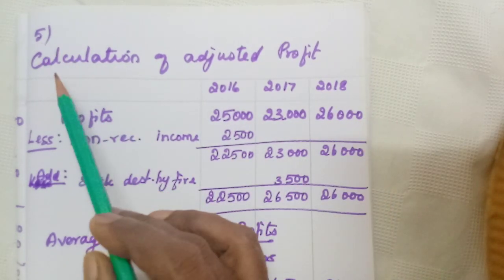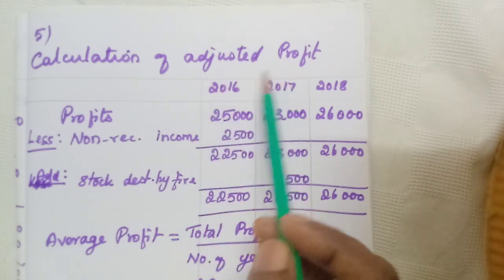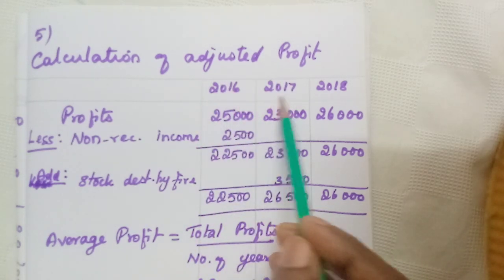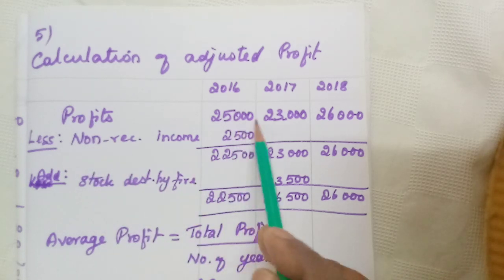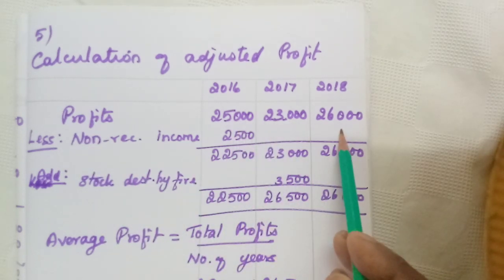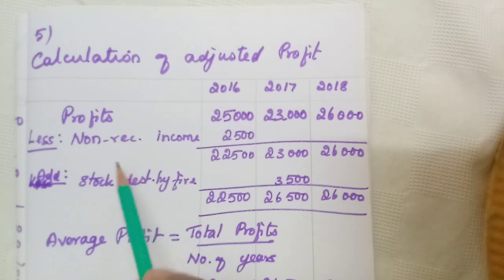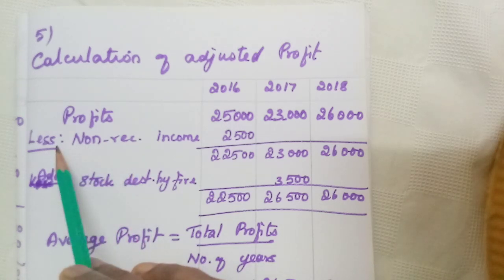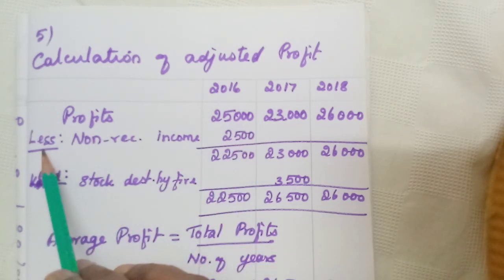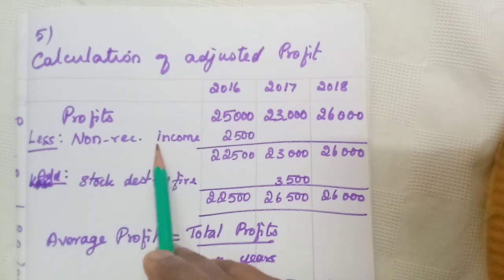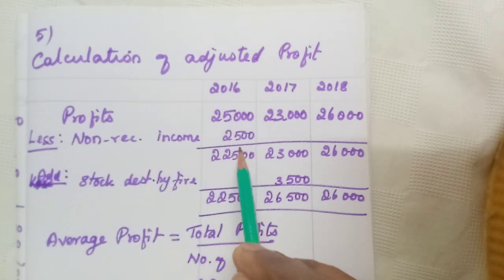Number 5, calculation of adjusted profit. 16, 17, 18. First write the profits: 25,000, 23,000, 26,000. Then adjustment: 2016 includes non-recurring income that we have to deduct, less non-recurring income. You have to write fully, okay? 2,500.